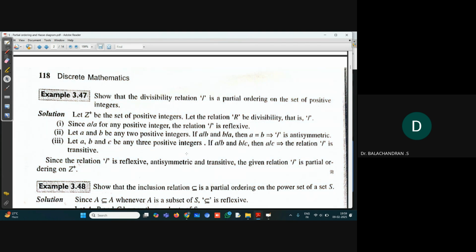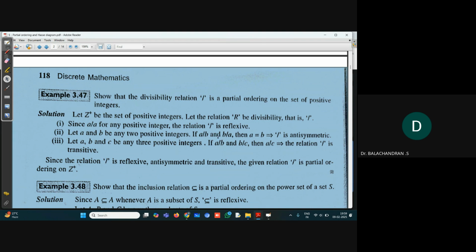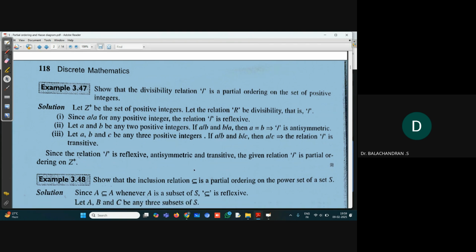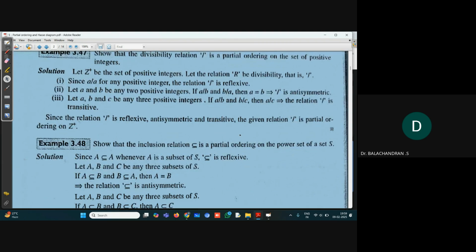Third one, A related to B means A divides B. B related to C implies B divides C. So A divides B and B divides C means automatically A divides C, and hence this is transitive. Finally, it is a partial ordering, or poset.